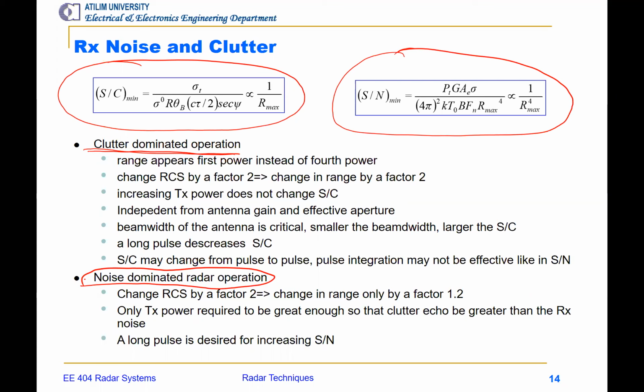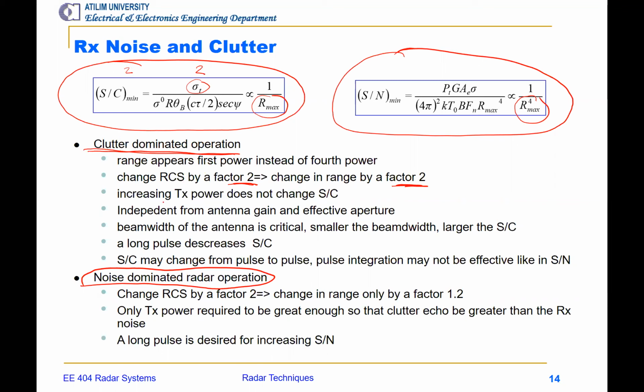In clutter-dominated operation, as you can see, range appears to the first power instead of the fourth power in here. And if we simply change the RCS by a factor of 2, the range changes by a factor of 2.